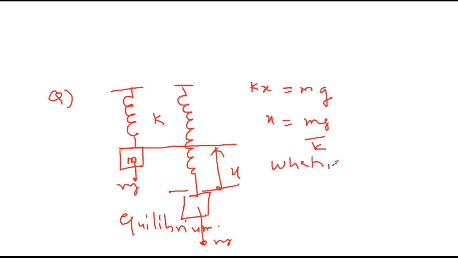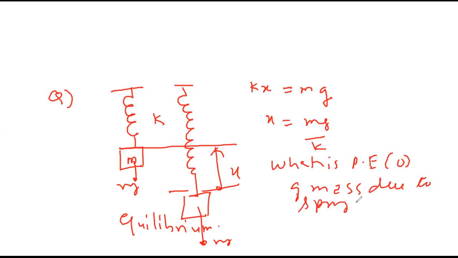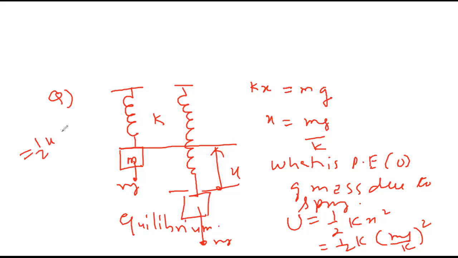Now what is the potential energy U of mass due to spring? Potential energy is half k x square for the spring, but x in terms of mass is mg upon k. So this will become half k m square g square upon k square.